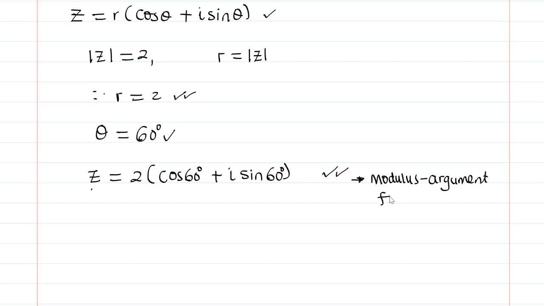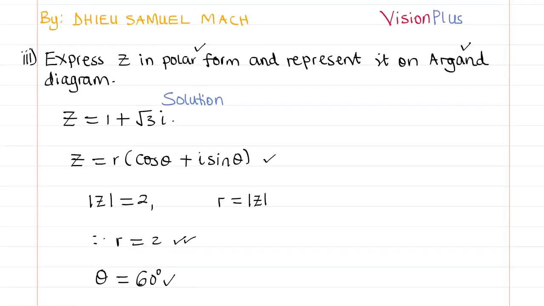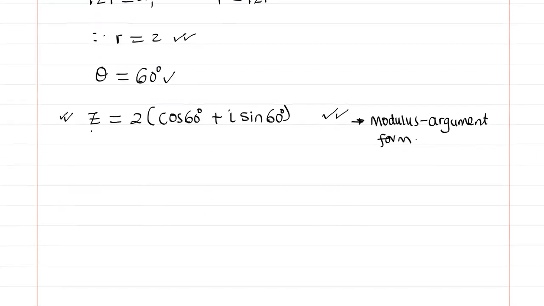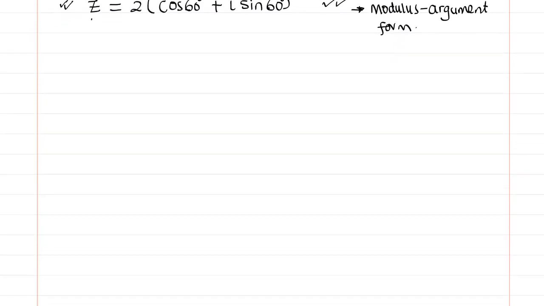So that is the modulus argument form. So this is the answer for the modulus argument form. We were told to represent it on the Argand diagram, which I did in the previous video, but it was not asked, just that it assists us in finding the argument.